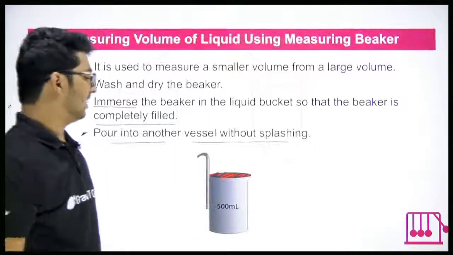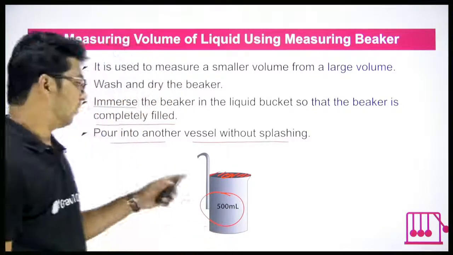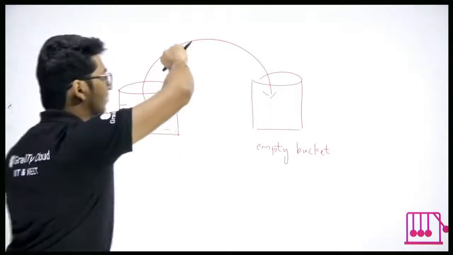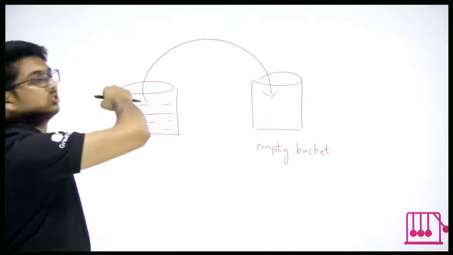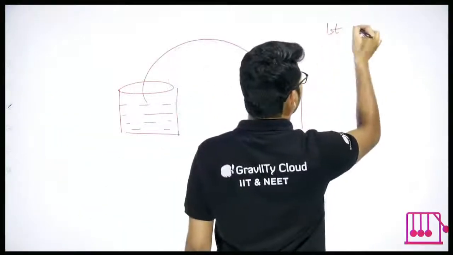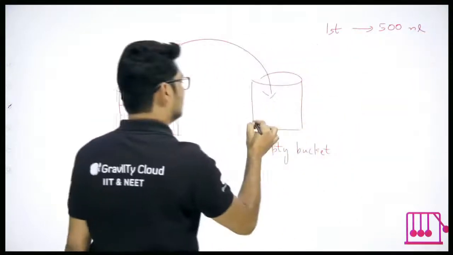Okay. So here the volume is how much? Volume of one time or one beaker is 500 ml. So when you first take the liquid from this, you are taking it completely. So how much are you taking? 500 ml. You take 500 ml and pour it in this.